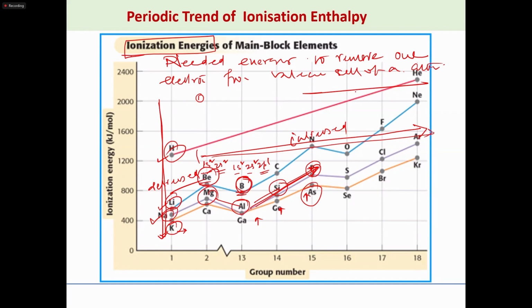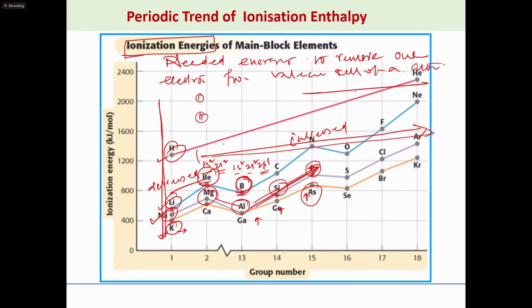But for beryllium, this is already a stable configuration, with the s orbitals filled up. From this configuration, removing one electron is very difficult. So removing one electron from the p orbital is very easy compared to the beryllium case. This is the first reason.